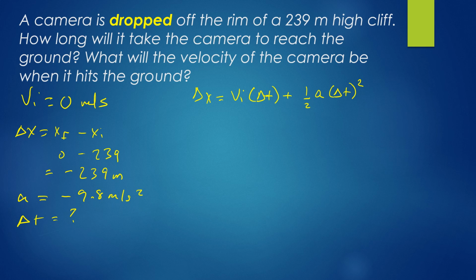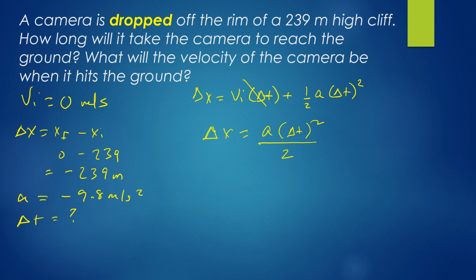So 0 times time is going to be 0. So I cross this out. We don't have to worry about this because it's 0 times the time. So this is gone. I'm going to rearrange the last part really quick. So delta x equals a times time squared divided by 2. I just put the 2 underneath because it's multiplied across.